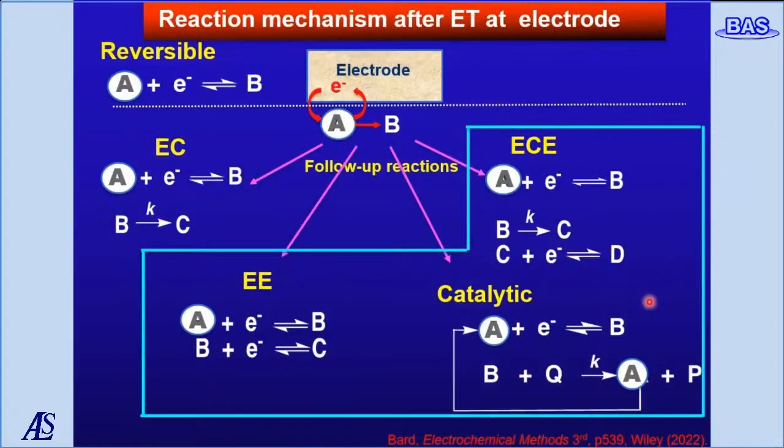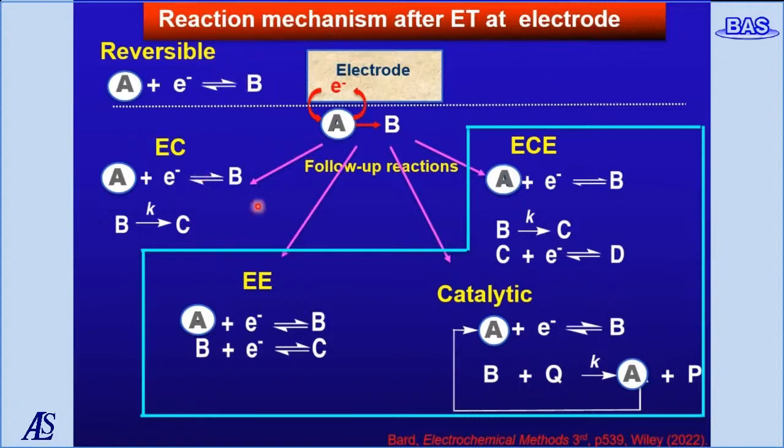Once the electron transfer of analyte occurs at the electrode, there are several follow-up homogeneous chemical reaction pathways, which are summarized in these figures. We have already discussed the reversible E and EC mechanism.